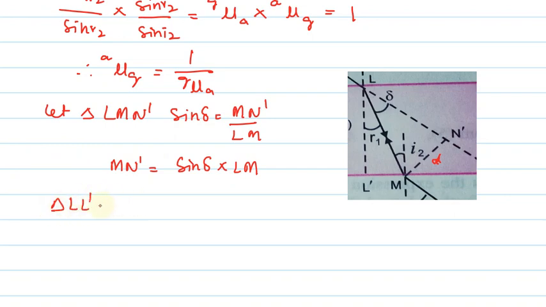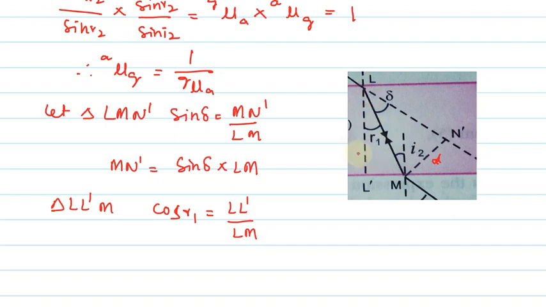Now let us consider triangle L prime M. From this I can write cos R1 is equal to LL prime upon LM.